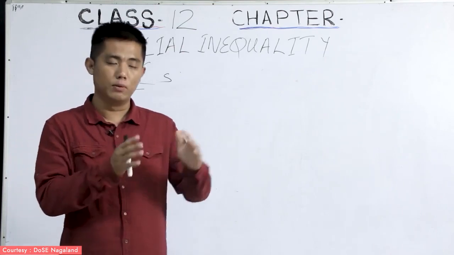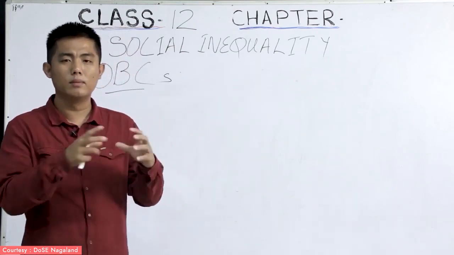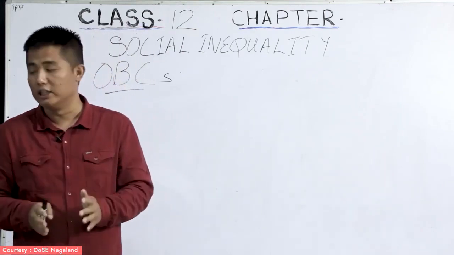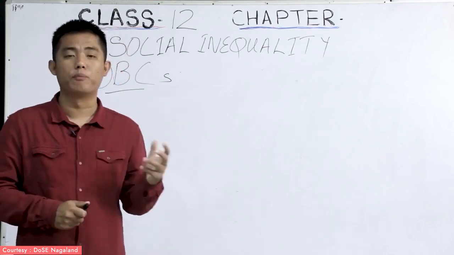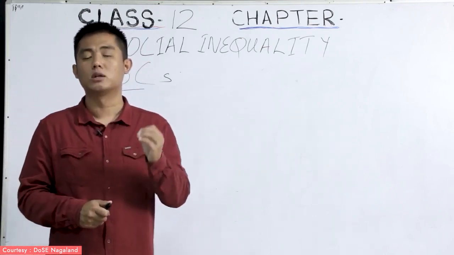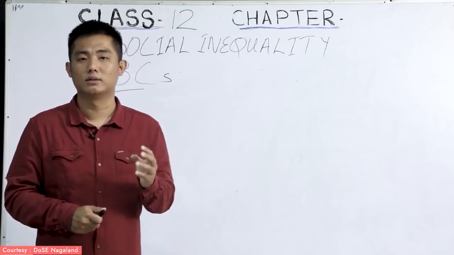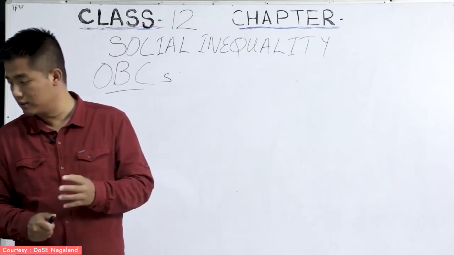In the middle were those who were neither upper caste nor lower caste, and who did not get the privileges in society. This group of people were politically and constitutionally termed the other backward classes.